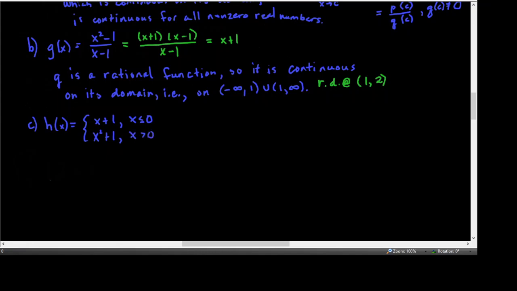So for non-positive values of x, h is a polynomial function.